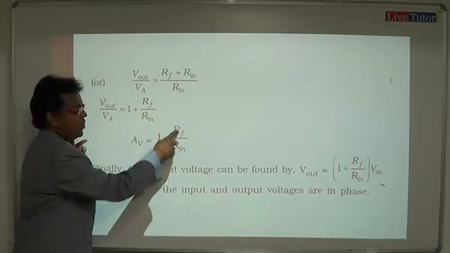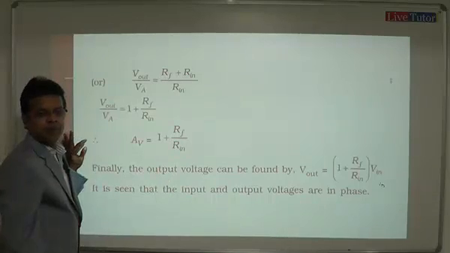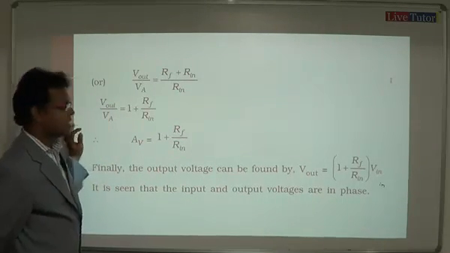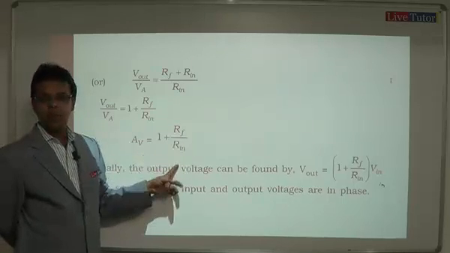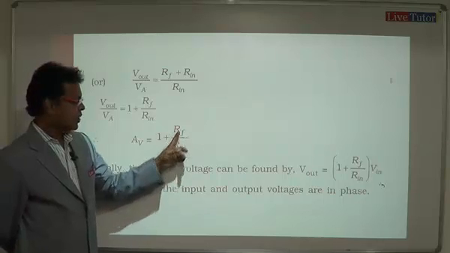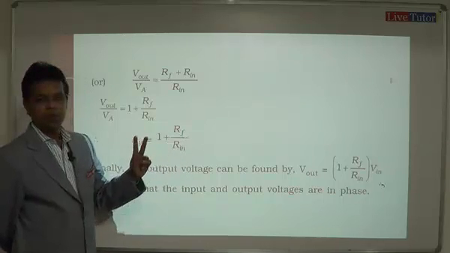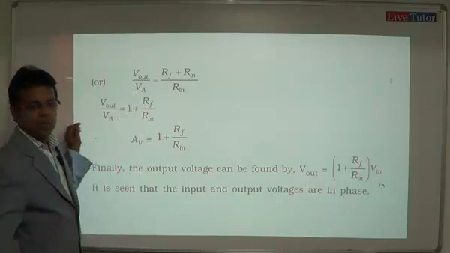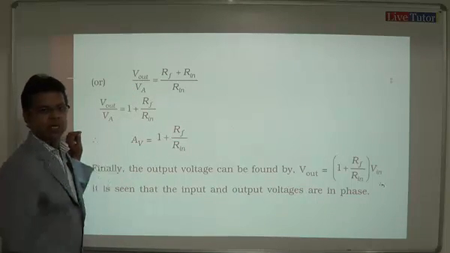Suppose both are 1 kilo ohm, then 1 by 1 is 1, plus 1 gives 2. But in the inverting case, it is minus Rf by Rin, so minus 1 comes there, whereas here it is 2.